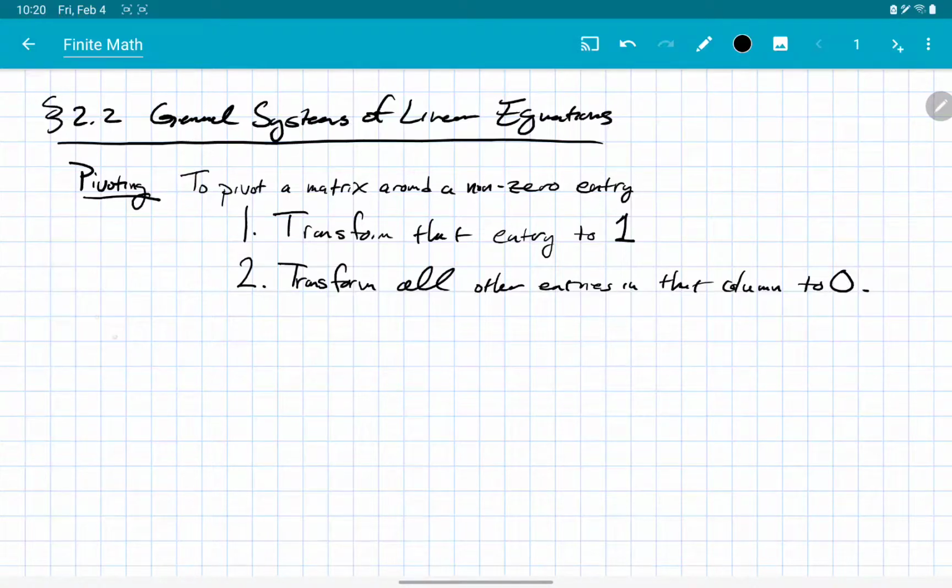Okay, so we'll do an example of this. So the problem will say pivot the matrix about the circled element.